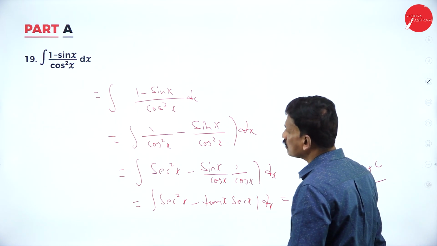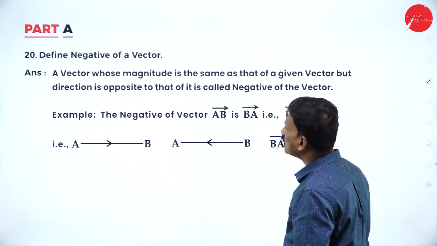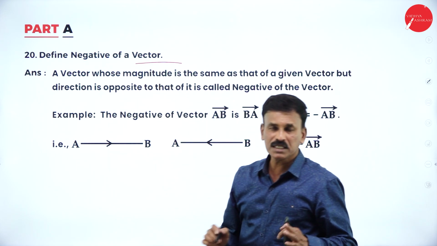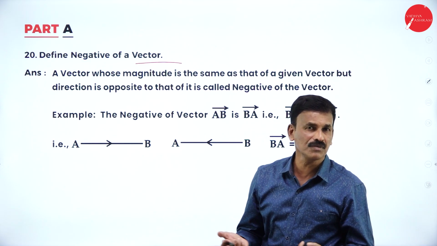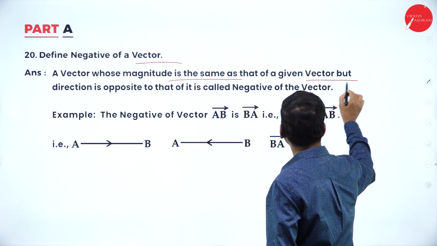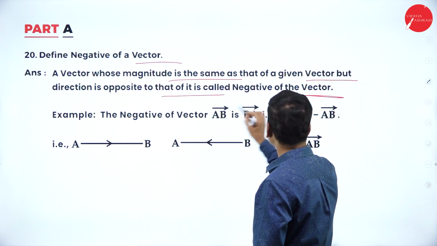Now, move on to the last problem in this question, that is define the negative of a vector from vectors. So, a vector having same magnitude but opposite in direction is called the negative of a vector. So, a vector whose magnitude is same as that of the given vector, but the direction is opposite to that of it is called the negative of the vector.